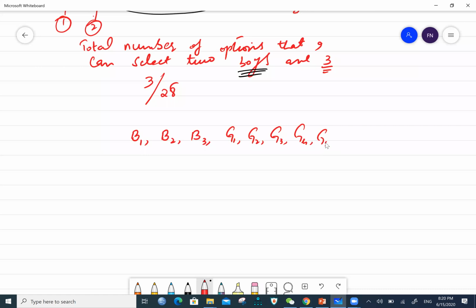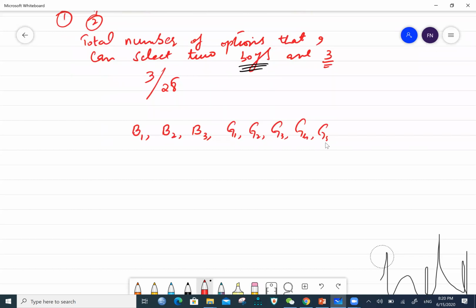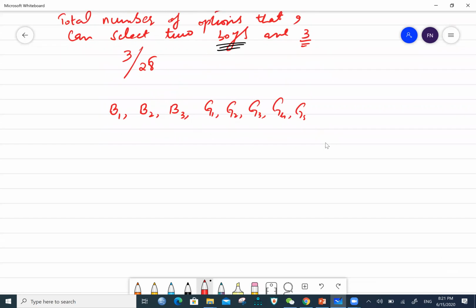Now I say that I want to select 2 girls. In that case, again, we will say that I can select either these 2 girls, either these 2, either these 2, either these 2. Is that clear?